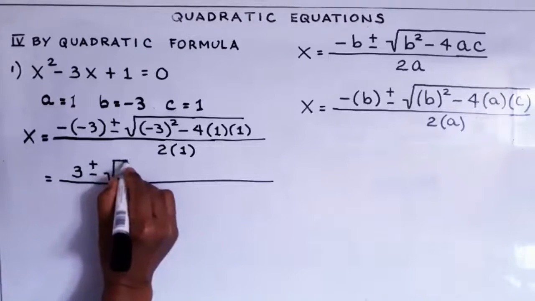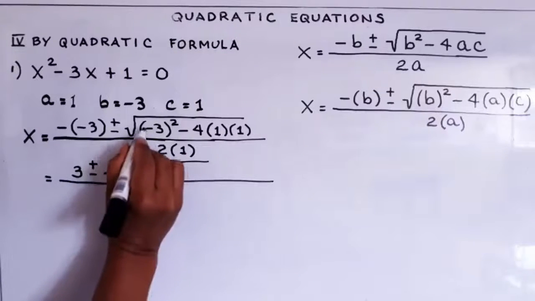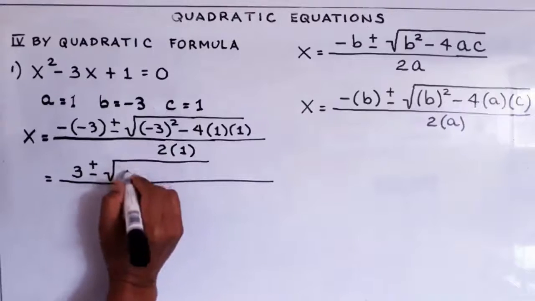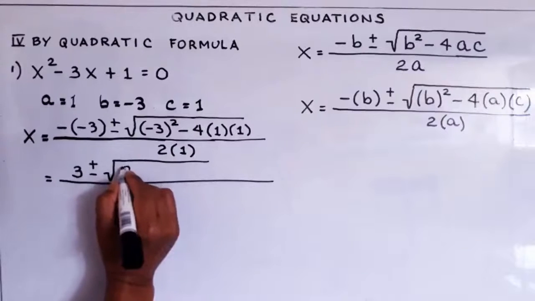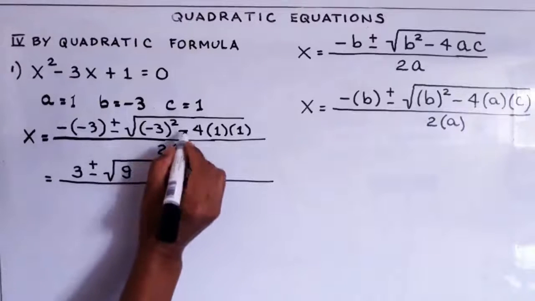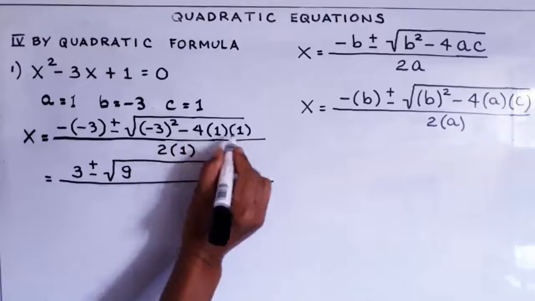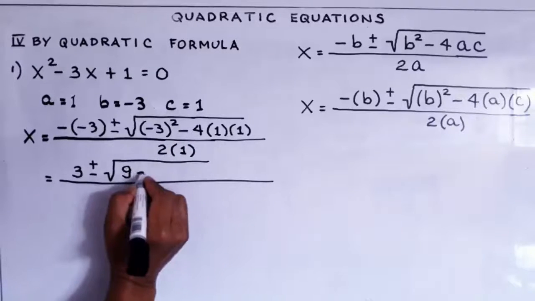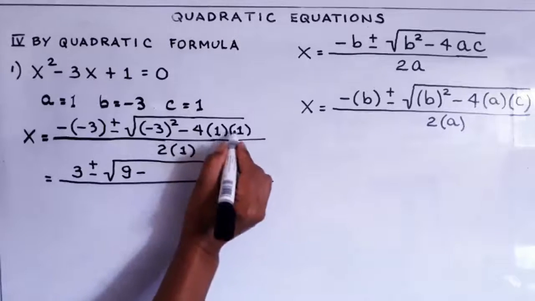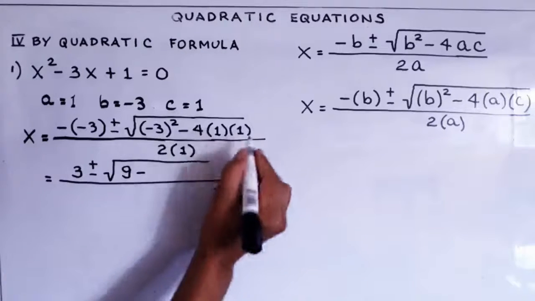Then we take the square root of this. Negative 3 times negative 3 is 9. This is always positive. And then negative, look at the signs. If you have only one negative, then it is minus. If you have a negative here, it will become plus because they are multiplication.